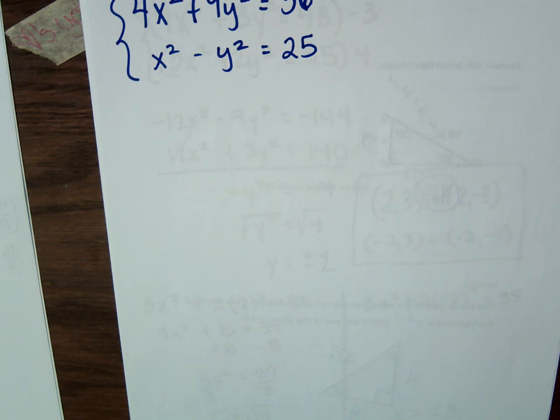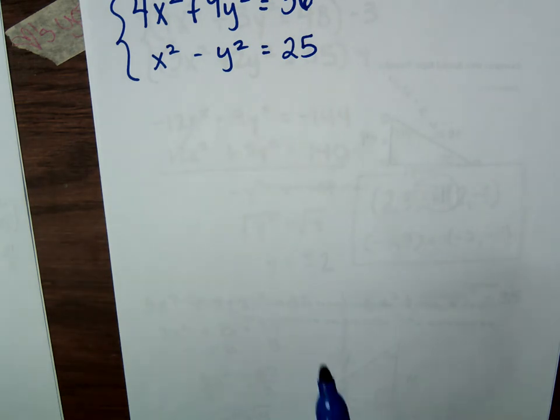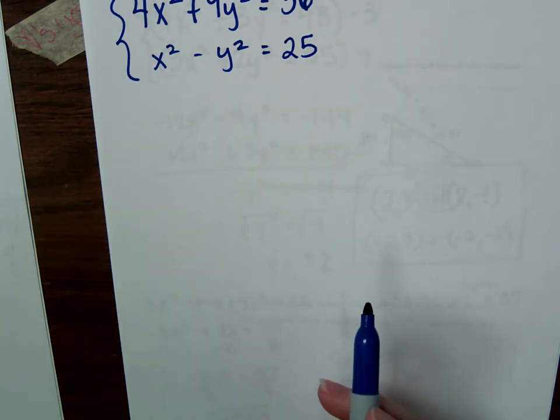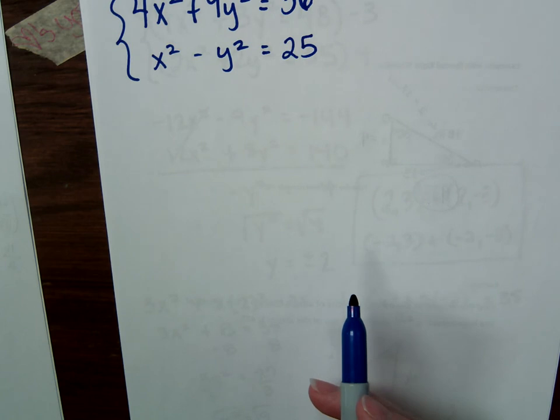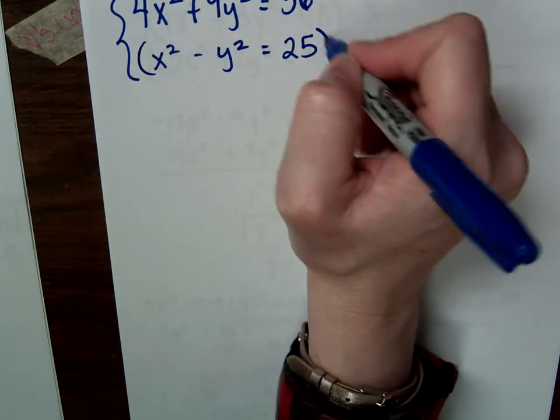All right, well, what do you want to eliminate here? What do you want to get rid of? The x's? All right, so if I multiply this by negative 4, let me just rewrite the top one.